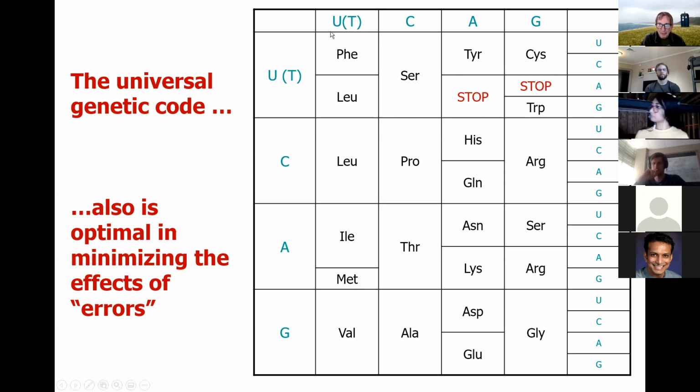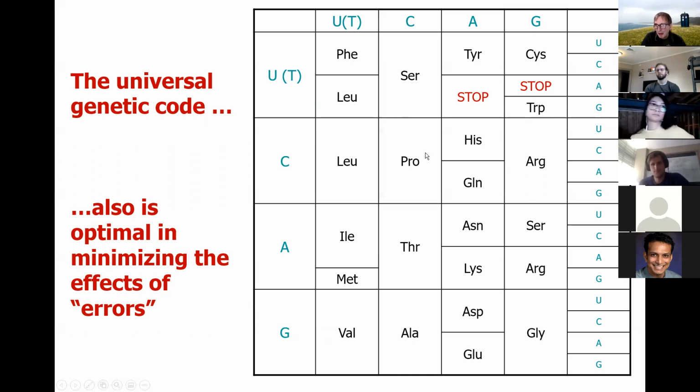So if I had U and U, that would be the code in your genome for the amino acid phenylalanine. And if a ribosome translating your DNA or mRNA into proteins encountered that string in a codon, it would produce that amino acid.